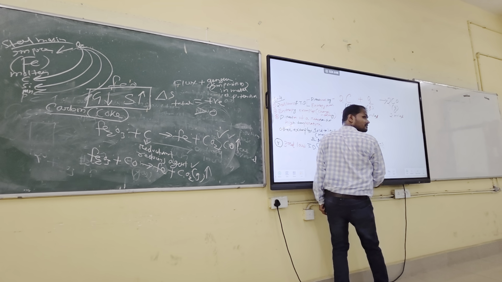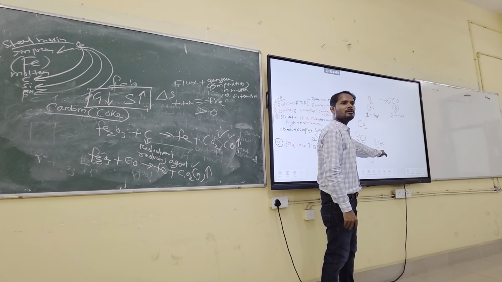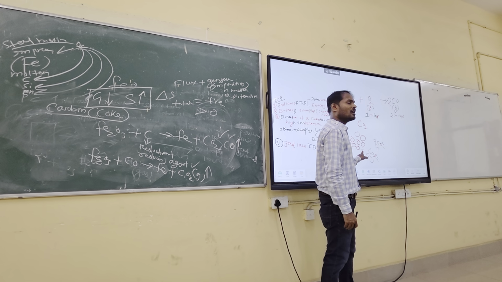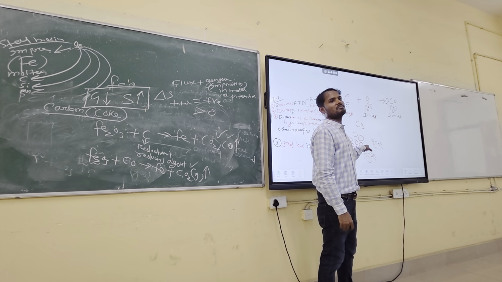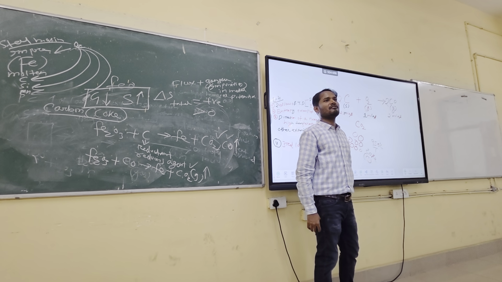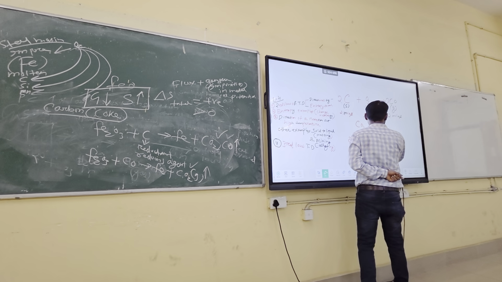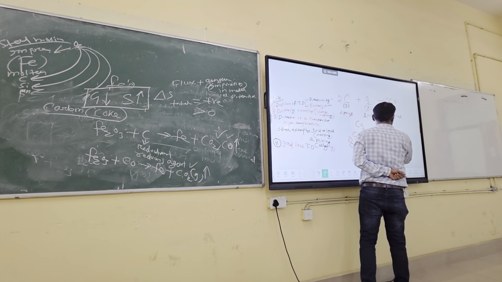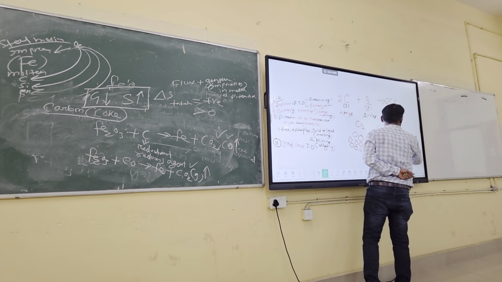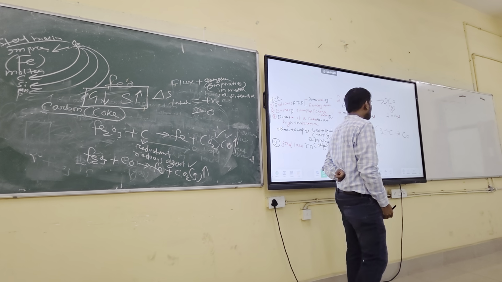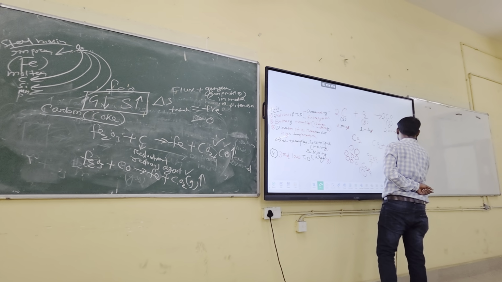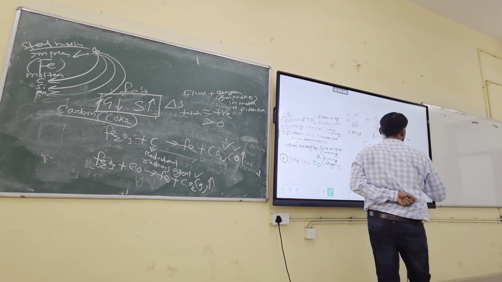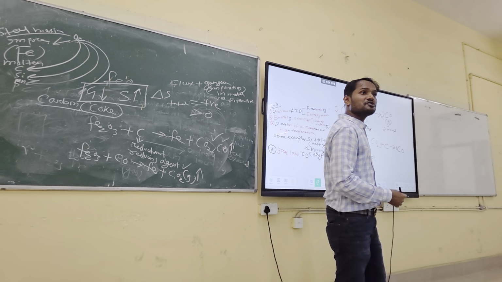Temperature is available, carbon is available, and you are forming carbon dioxide. Then this carbon dioxide itself reacts with carbon to form carbon monoxide again. CO2 plus C will give you carbon monoxide. You can balance it: 2 oxygen, 2 carbon. You understand my point? But this should be the condition.